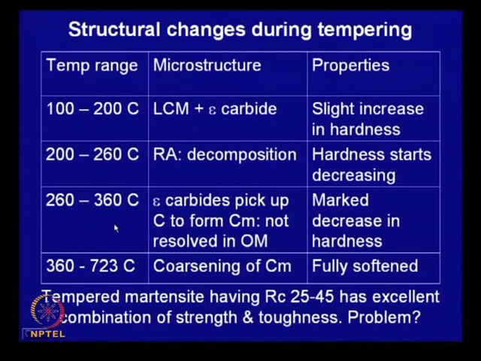And in this temperature range, epsilon carbide can pick up carbon to form cementite, but these are not resolved in an optical microscope. But there will be a marked decrease in hardness.